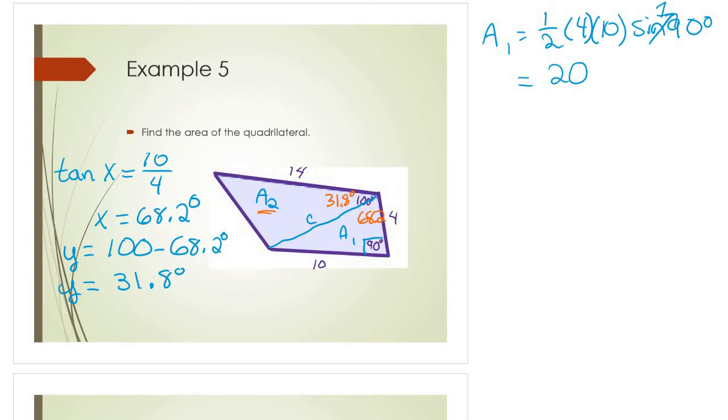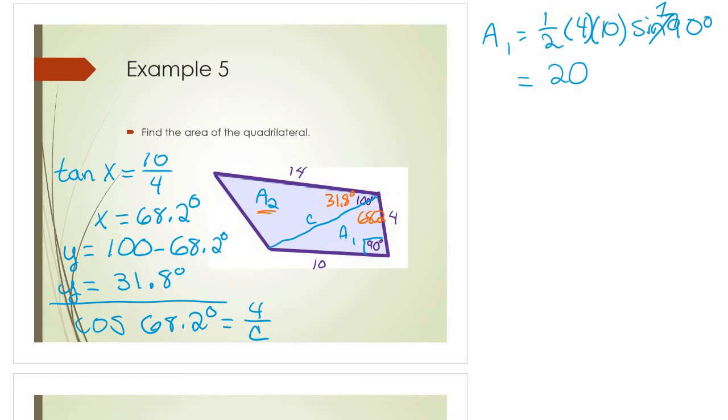So to do that, I'm going to go back to the first triangle, and then use SOHCAHTOA to find that. So now I can say cosine of 68.2 degrees would equal 4 over the hypotenuse. And you could have done sine of 68.2 degrees equals 10 over the hypotenuse.